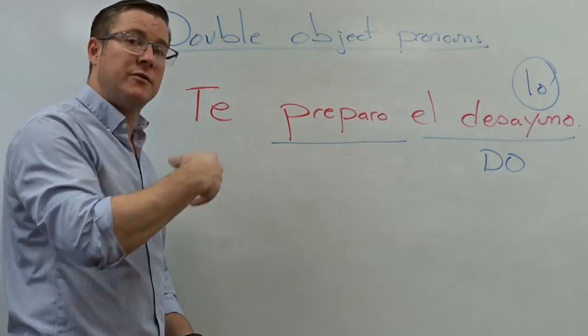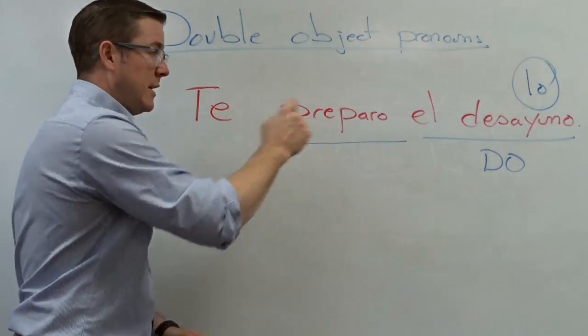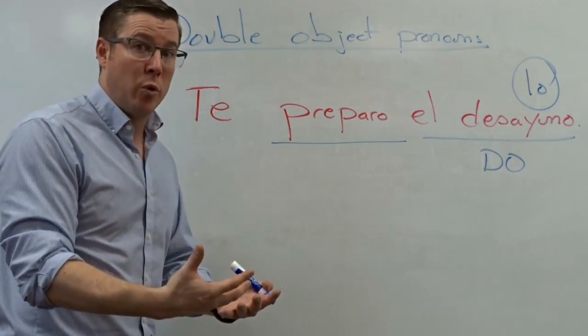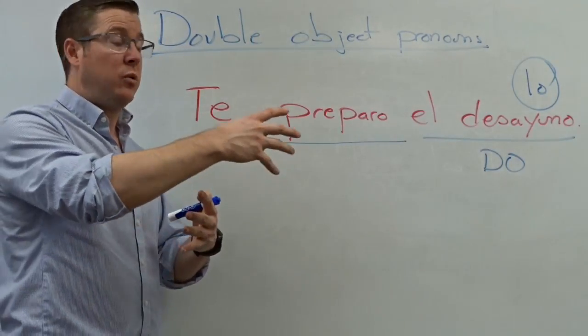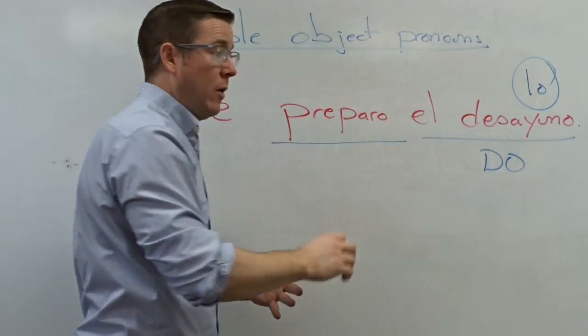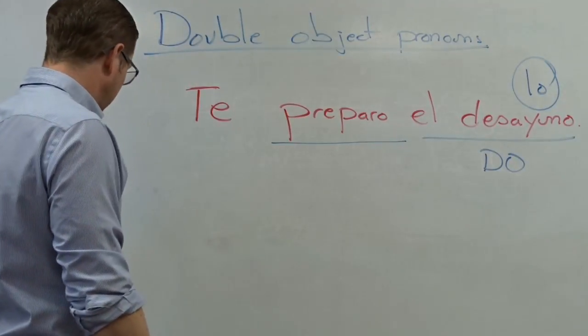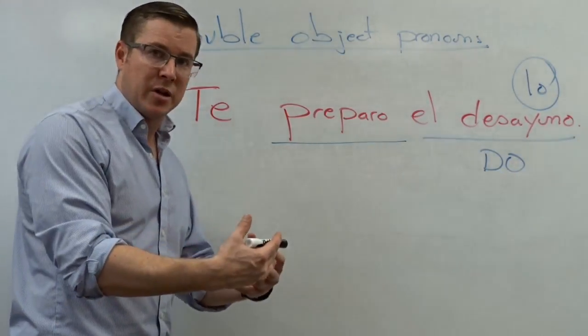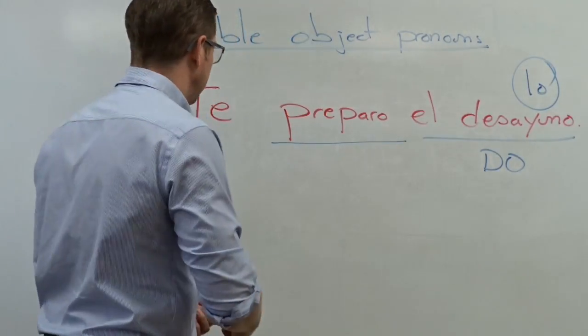I prepare breakfast for you. Te preparo el desayuno. So now I've got to go back to that formula so I can replace el desayuno with lo in the right order. Remember, it goes indirect object pronoun, then direct object pronoun, then the verb.